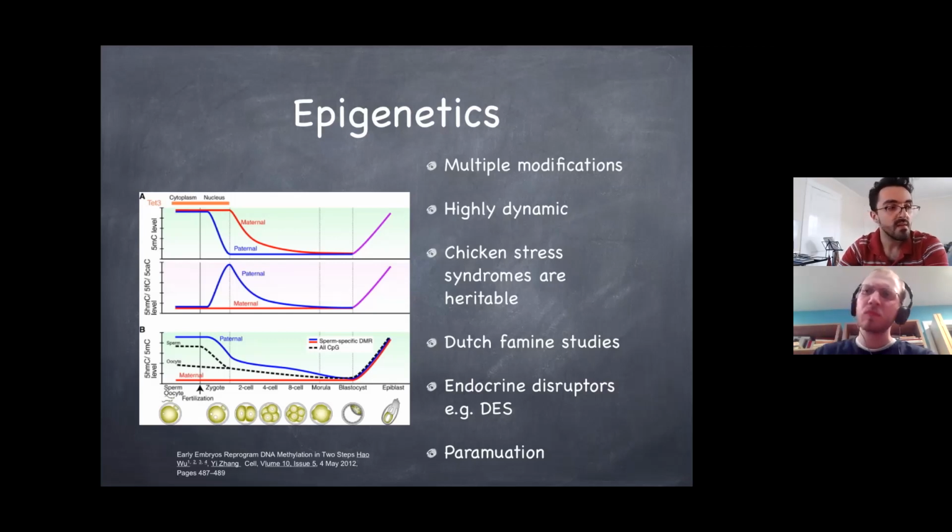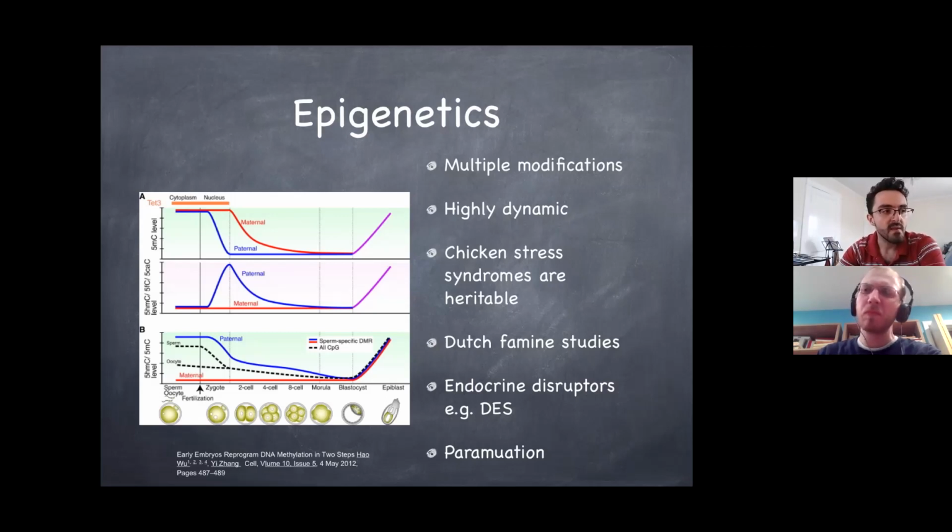The big ones that are famous are the Dutch famine studies. They showed that epigenetic effects were robust and detectable in humans. Now, there's a bunch of other animal models where this was done, but demonstrating the possibility that it works in humans is a big deal.